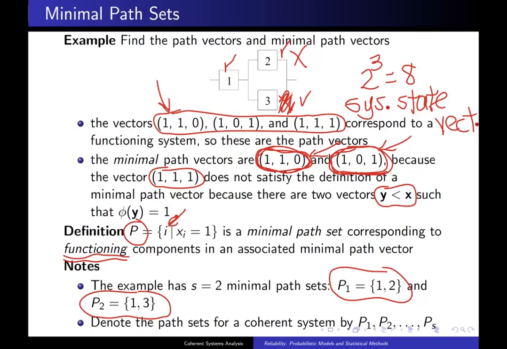So as I look at this system, I could draw a line through 1, 2, and that is the first minimal path set. And then I could draw another line through 1 and 3, and that becomes the second minimal path set. In general, for a set of n components, we're going to denote the min path sets by P1, P2, up to P sub s.